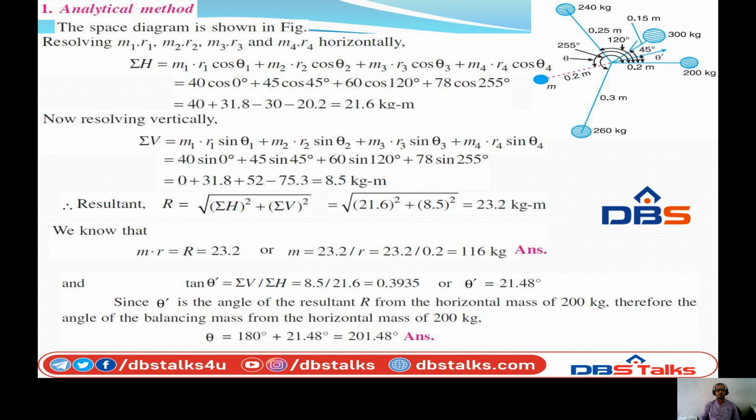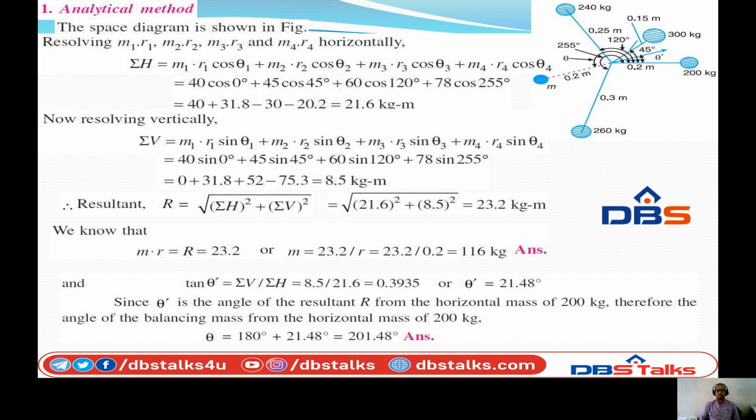Then resolving the M1 R1, M2 R2, that means centrifugal forces horizontally and vertically. Sigma H means cos theta, sigma V means sin theta. So multiply all the values: M1 R1 cos theta 1, M2 R2 cos theta 2, M3 R3 cos theta 3, M4 R4 cos theta 4.